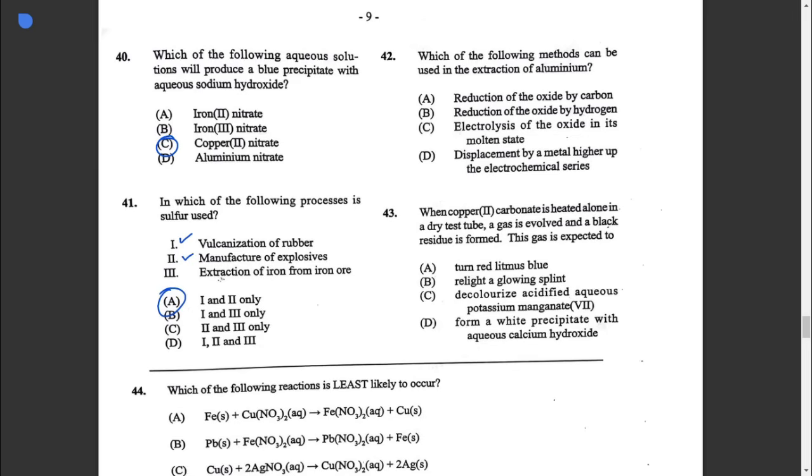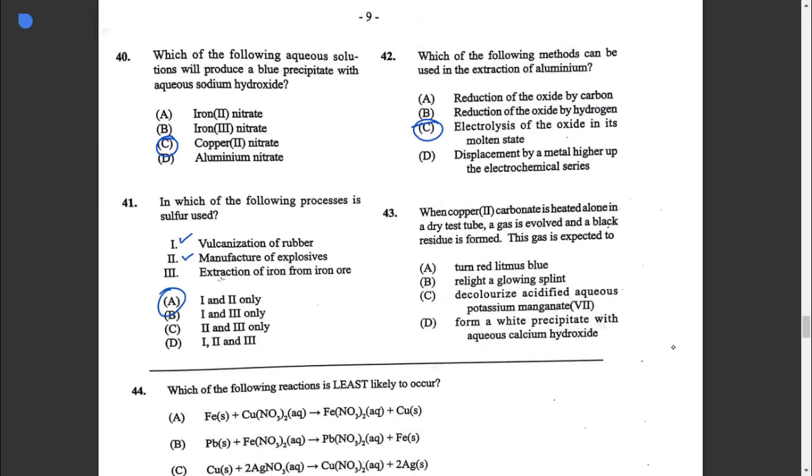So you need a mixture that would allow the aluminum ions and the oxide ions to be separated. Cryolite did that, and so the electrolysis of the oxide in its molten state would be the answer for 42.